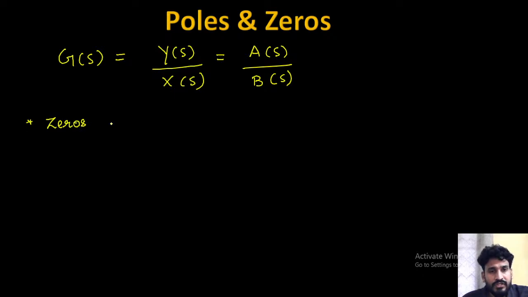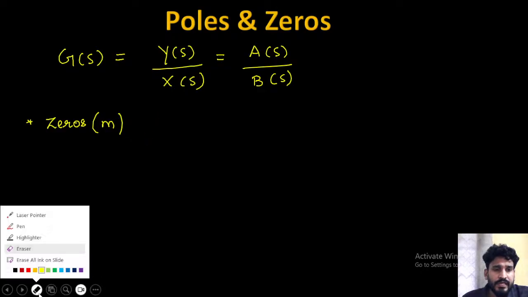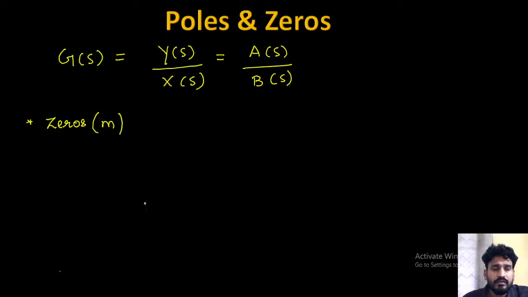Very simple. The zeros are the values of s at which my transfer function is 0, that is, if my Y(s) is equal to 0, then this transfer function is 0. So if I put the numerator as 0, then my transfer function will be 0. Is it clear?